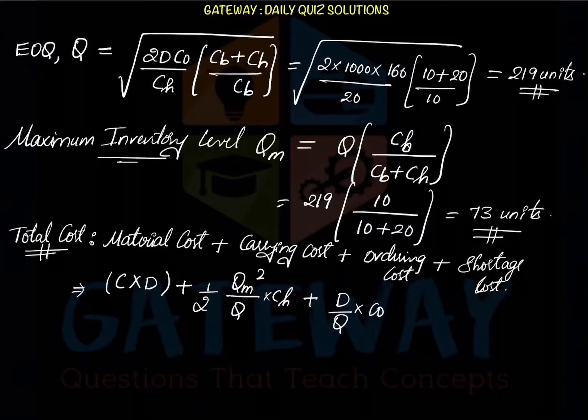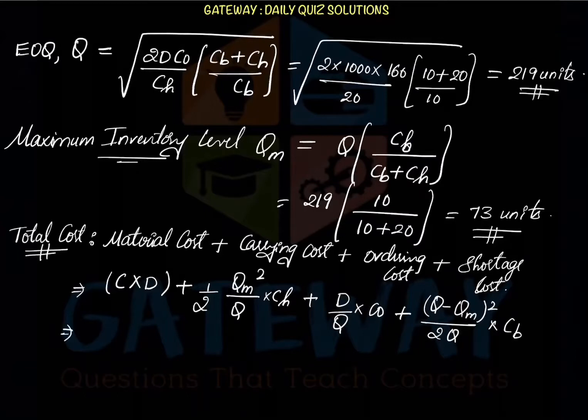Demand is suppose 1000 per year, our inventory is 219, then how many times will we be placing orders? 1000 upon 219 into the ordering cost for each placing of order, plus finally the shortage cost. Shortage cost is generally given by Q minus QM whole square upon 2 into Q into shortage cost, nothing but back order cost CB, right?